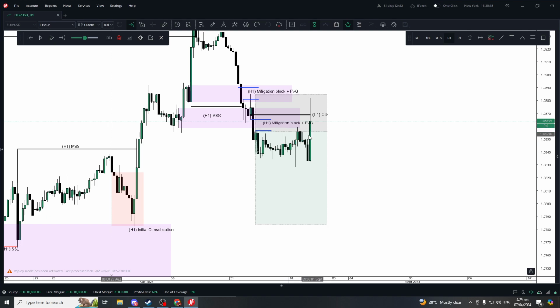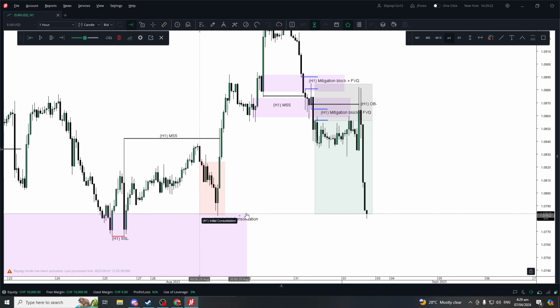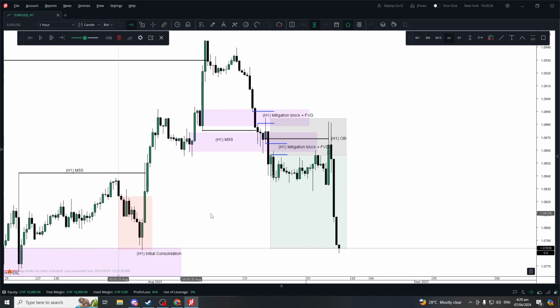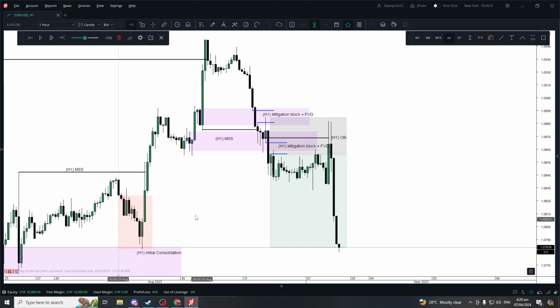So we have the accumulation, manipulation, and the distribution, targeting the initial consolidation. So that is your market maker model.